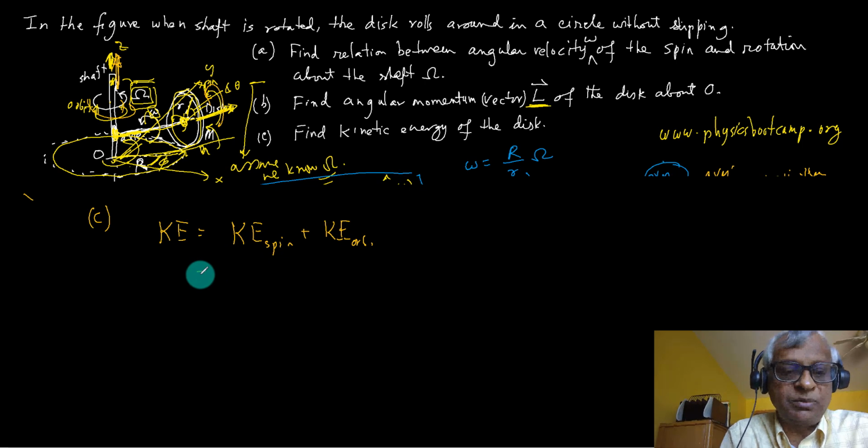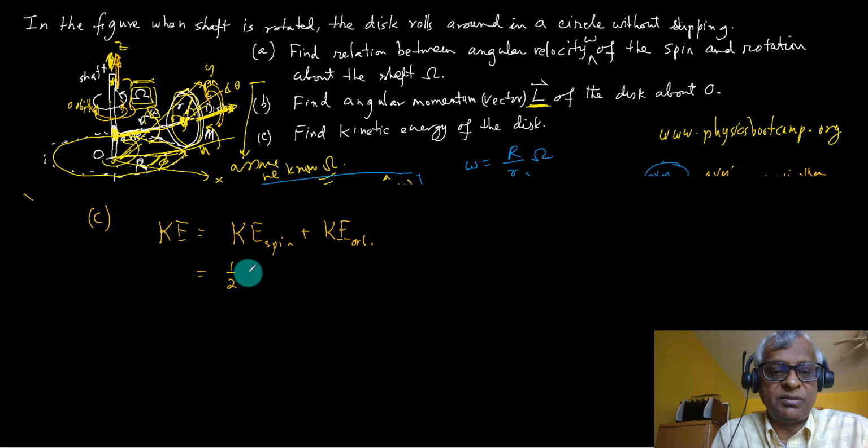This one is very easy. We already figured out, this is half omega spin vector dot L of the spin vector.